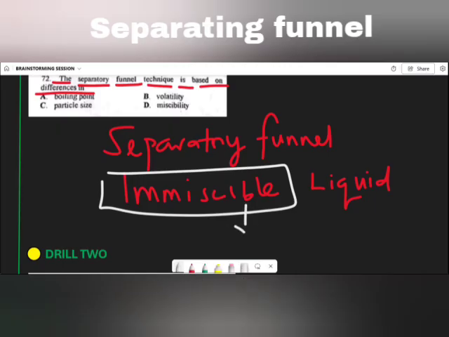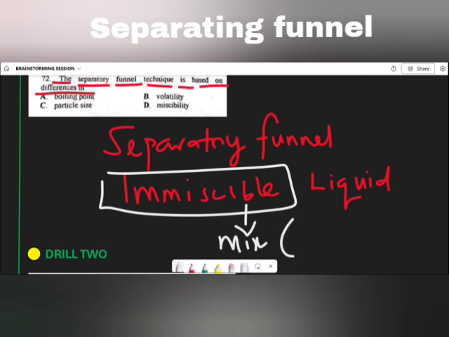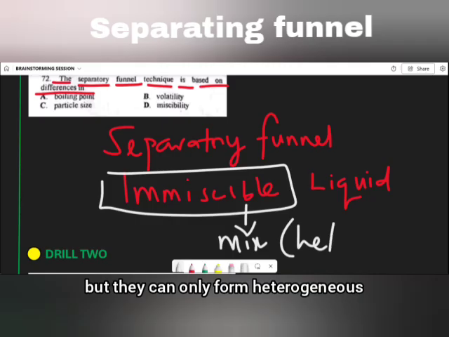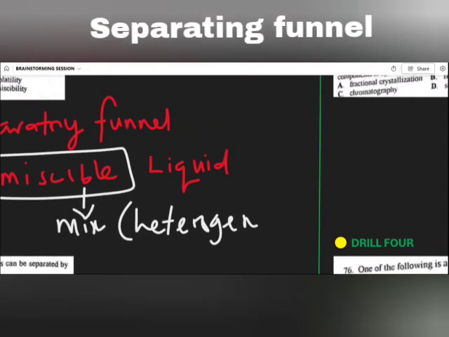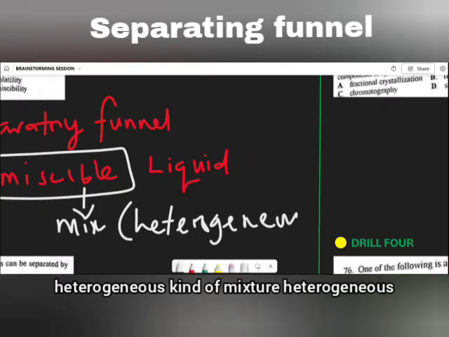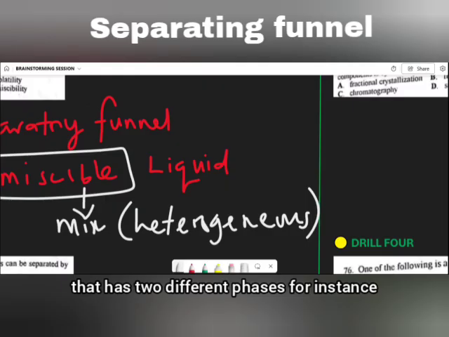That means they cannot be mixed together. That means they cannot form homogeneous mixture, but they can only form heterogeneous kind of mixture. Heterogeneous kind of mixture is a mixture that has two different phases.